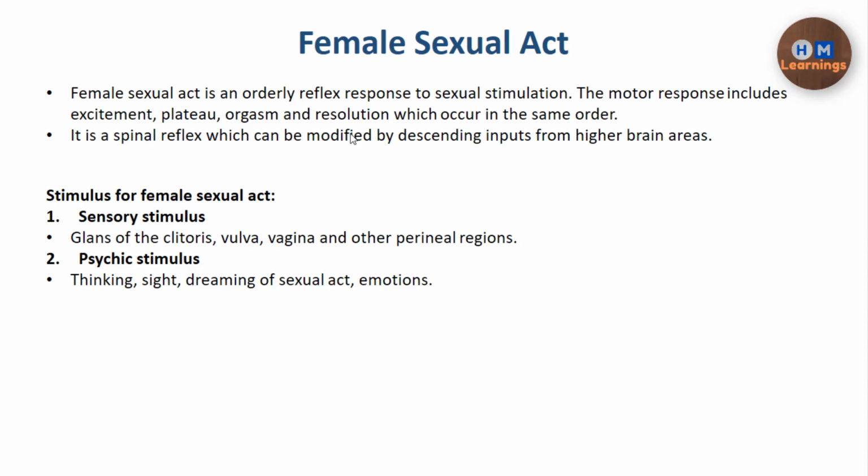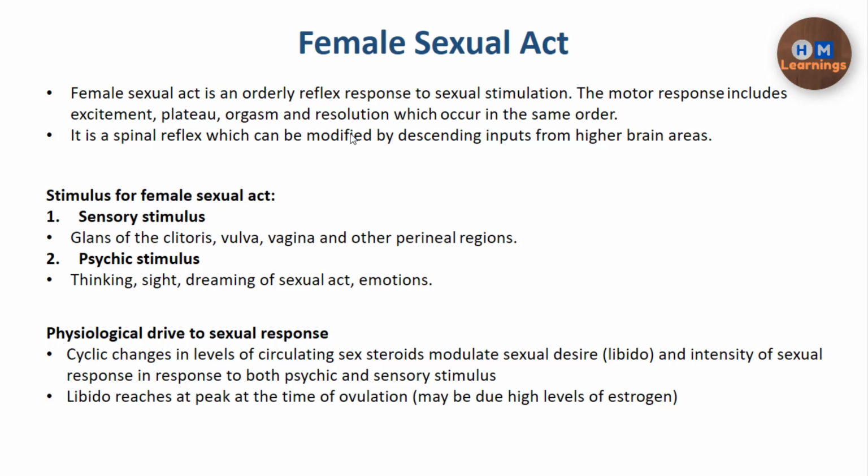Now, this is different from what happens in the male. Sensory stimulation and psychic stimulation are also there in the male, but there are no such modulators present in the male, which are defined as a physiological drive to the sexual response.